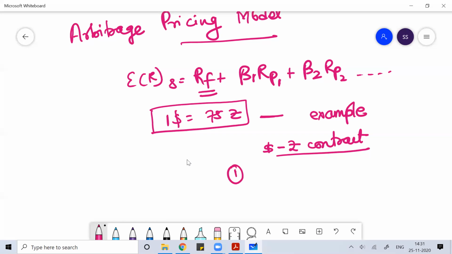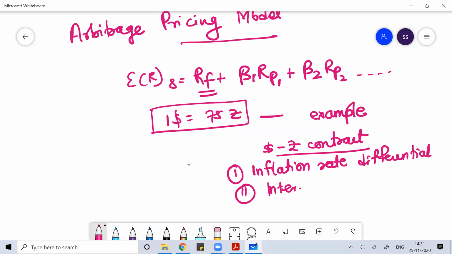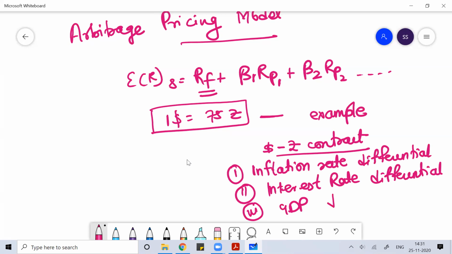So what kind of risk can it have? The risk can be the inflation rate differential between the two countries. The risk can be the interest rate differential between the two countries. The risk can be the GDP differential between the two countries.